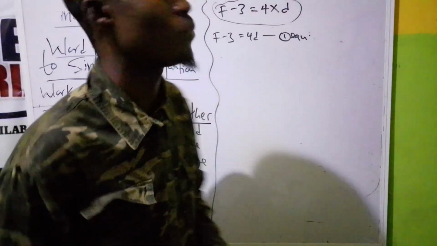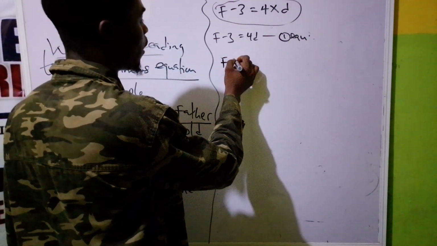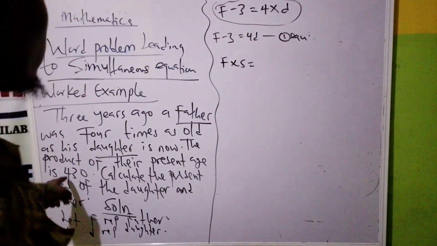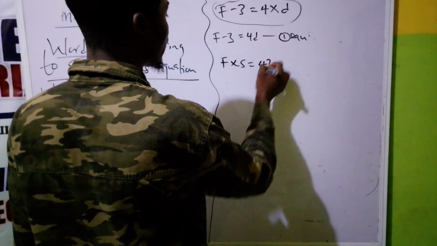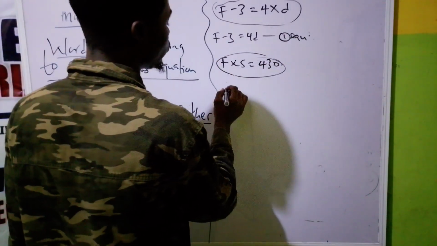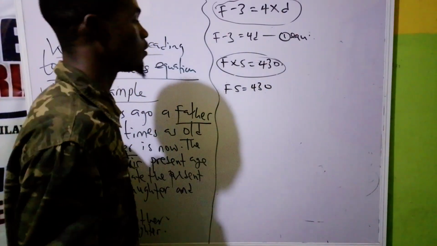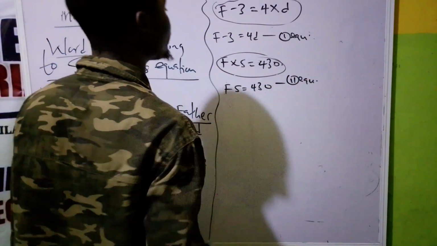So the product of their present ages is F times D, which is 430. So FD equals 430. No stress. This is equation 2.